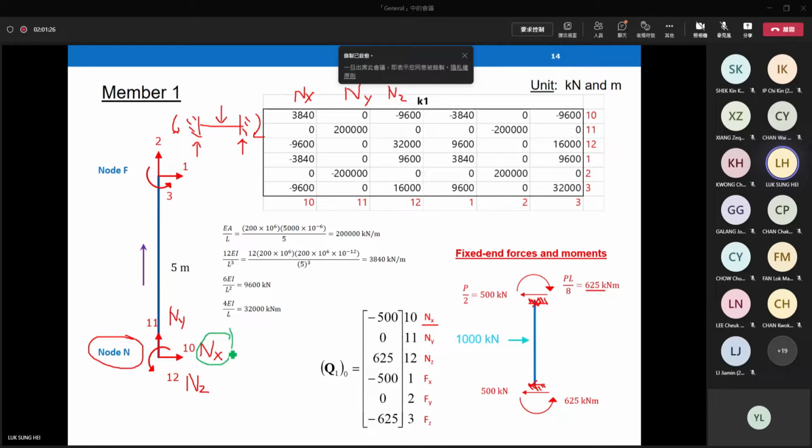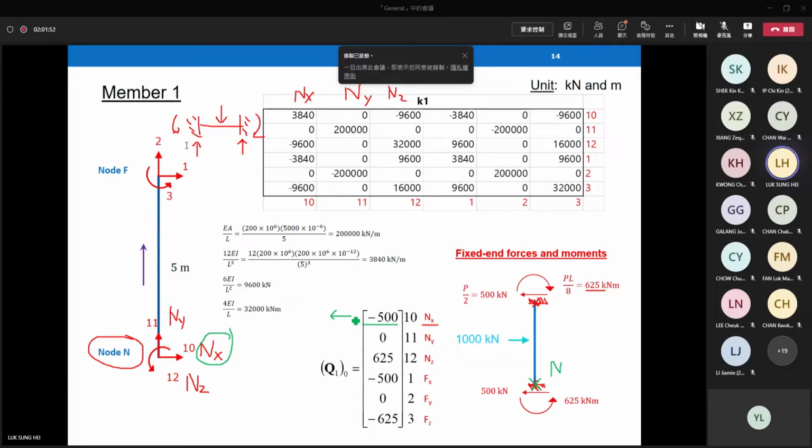When you go back to the fixed end force diagram on the right hand side, here is node n. We have a force pointing to the left, which means it is a negative number, minus 500. Be careful about the position, and be careful about the sign.